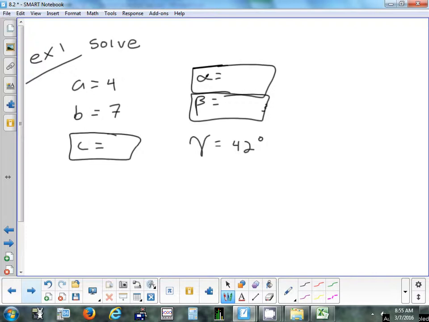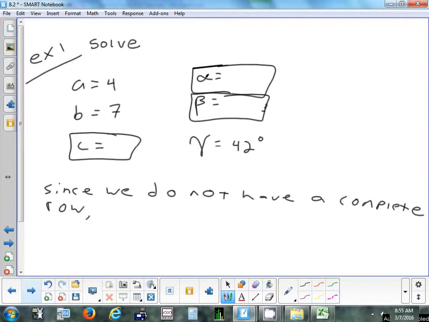You have to have a row that's complete to use law of sines. Do you have a row in this table that has everything in it? No. Just because of that alone, it tells you it's law of cosines. So I'm just going to put, since we do not have a complete row, we use law of cosines.